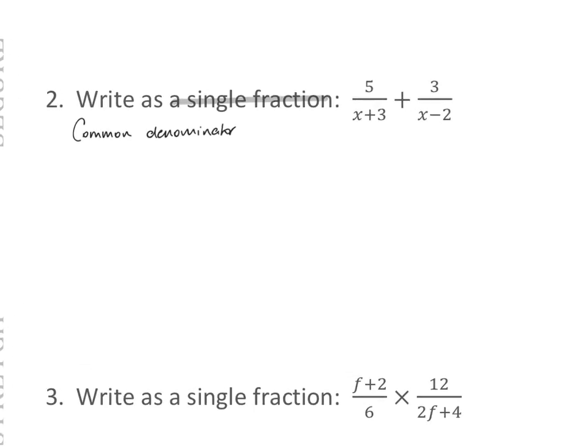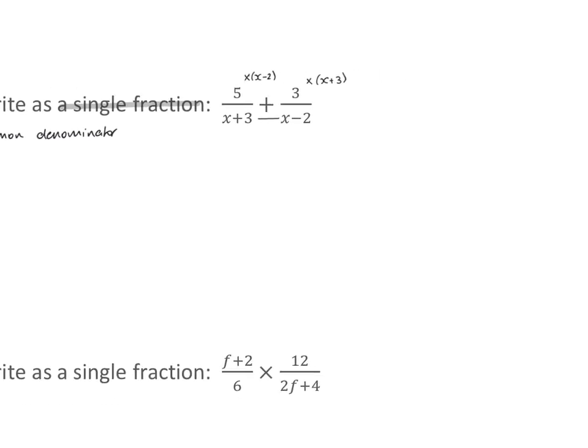Okay, so if we're multiplying these together on the bottom, we need to times this by x minus 2 and all of this by x plus 3, like in normal fractions. So what that gives us is 5 times x minus 2 plus 3 times x plus 3 all over x plus 3, x minus 2.